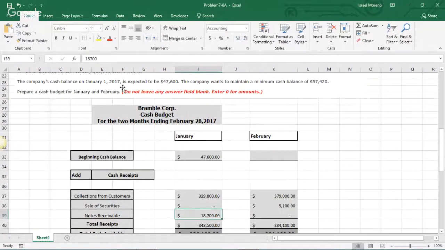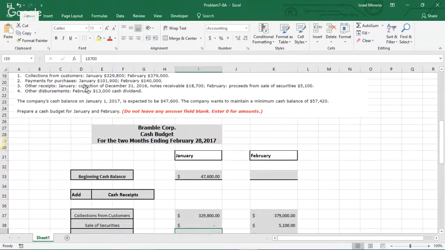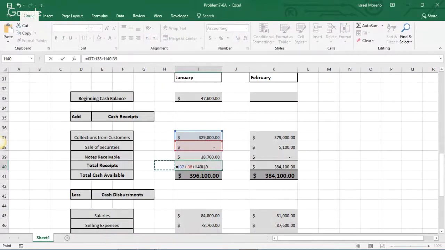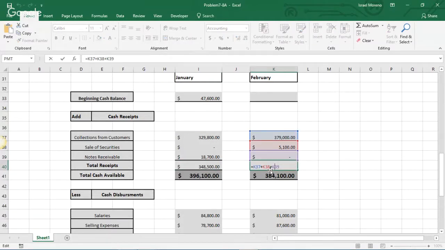The assignment requires you to put a 0 on all the blank spaces. Notes receivable. We got notes receivable for January. That's also number 3. The amount is right here, 18,700. So we add all that for January, and we add all that for February.